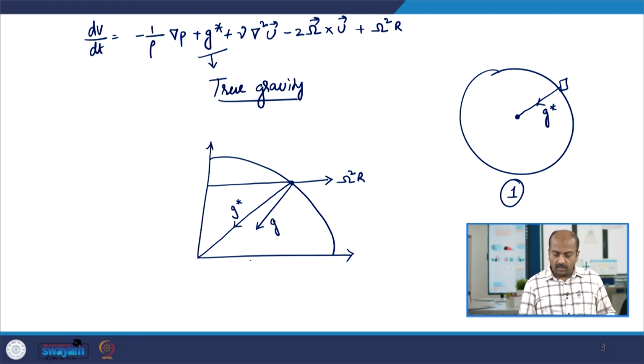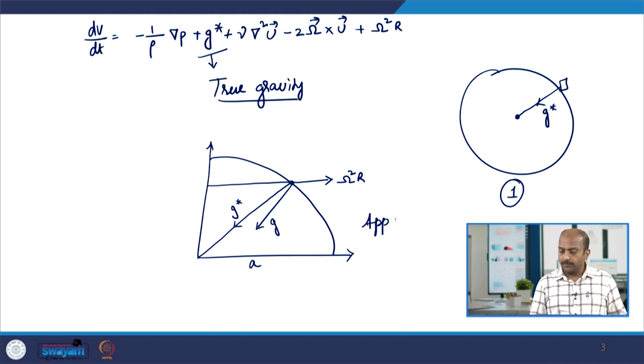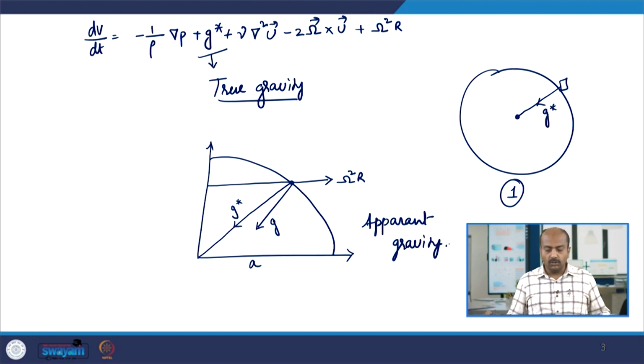If this is the radius of the earth, then this g, what you see, is called the apparent gravity. This is because of the addition of centrifugal force to the true gravity. So, this apparent gravity will not act towards the center, rather slightly away from the center.